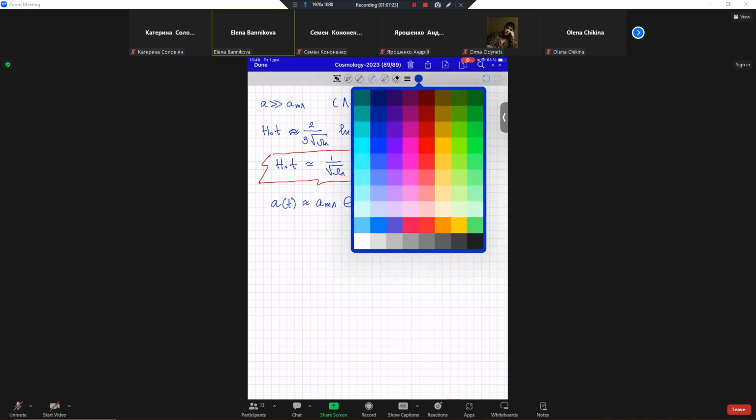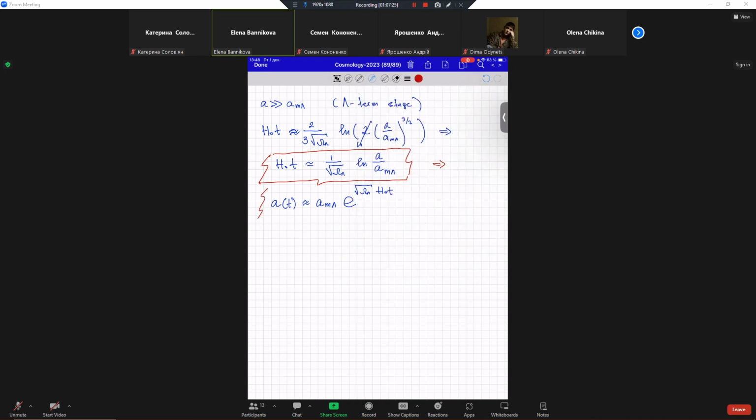So again, as in the one-component model, in the future the scale factor expands and changes exponentially. And again, this is k equal 0, as we remember.